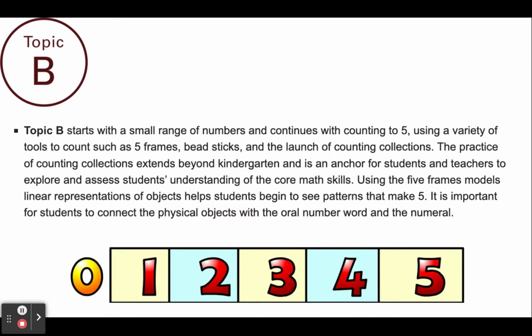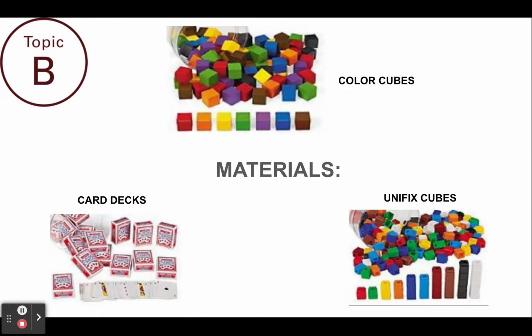Topic B is going to then continue on with 5 frames, bead sticks, and counting collections. And we're really trying to, again, help students to see patterns that make 5, think about how far is 3 from 5, how far is 3 from 0, and asking them questions to start connecting all the different numbers within 5.